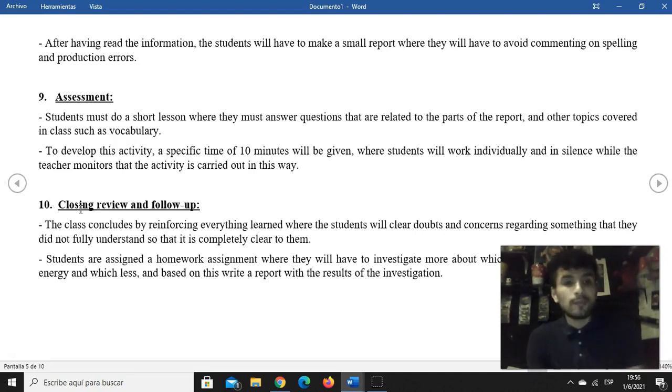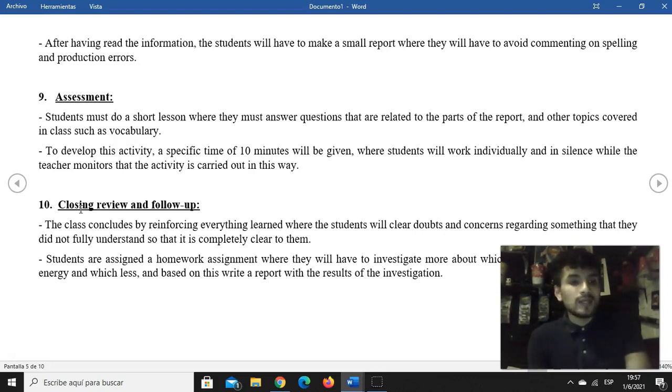In a way to measure the knowledge of my students, I'm going to give them a short quiz, and the questions are only about the topics that we reviewed in class. To develop this activity, a specific time of 10 minutes will be given, where the students will work individually and in silence while the teacher monitors that the activity is carried out in this way.